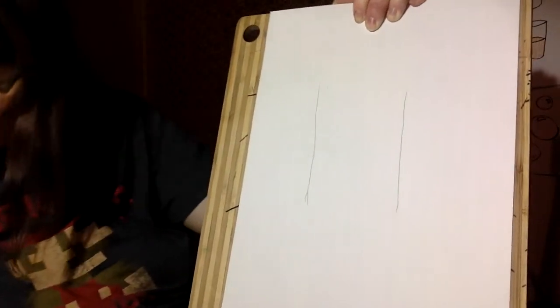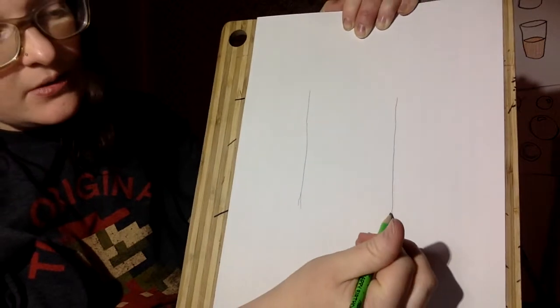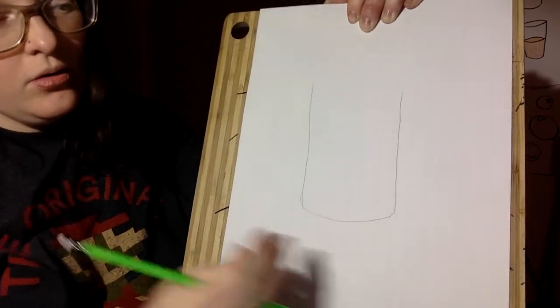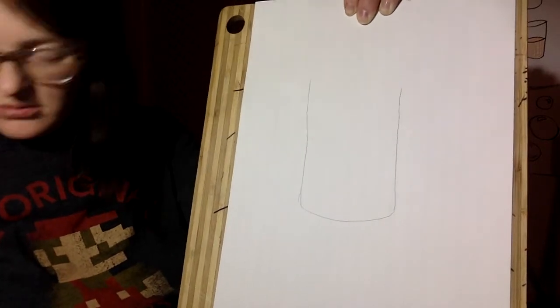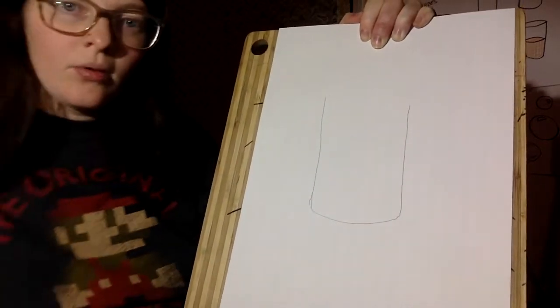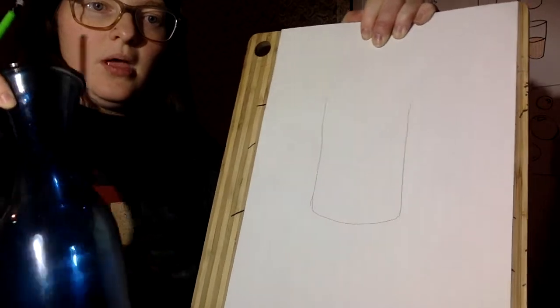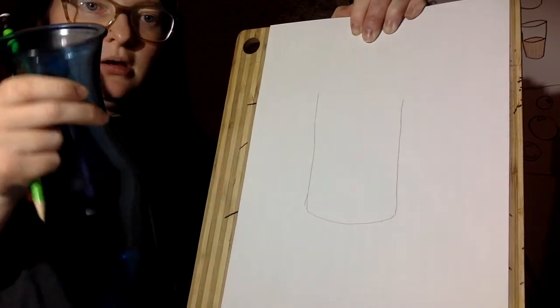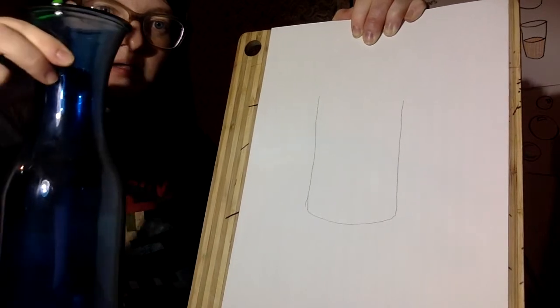you know, for the bottom, it would have that curve. So I would add in my curve because it's circular on the bottom, right? And then the top is also circular, but it's smaller, and it kind of angles in on the sides.